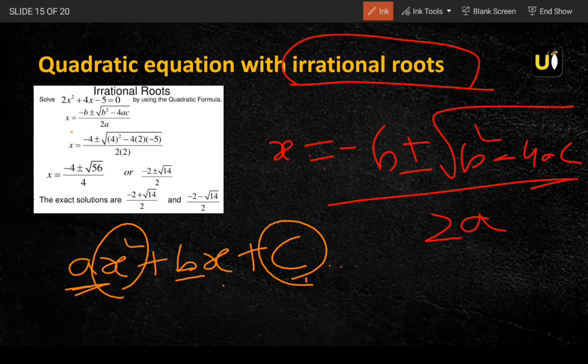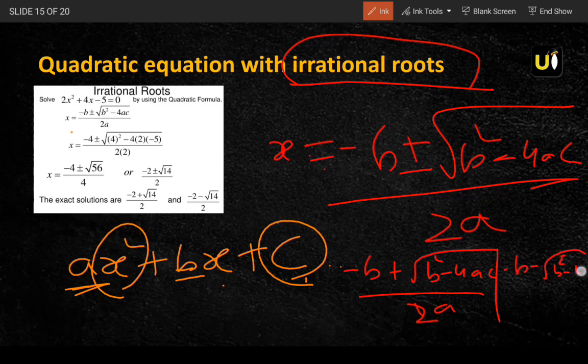That means minus b plus root over b square minus 4ac by 2a is one root, and minus b minus root over b square minus 4ac by 2a is the other root. So here check the sign properly. This is plus and the other one is minus. So this is the formula to find the irrational roots of a quadratic equation.